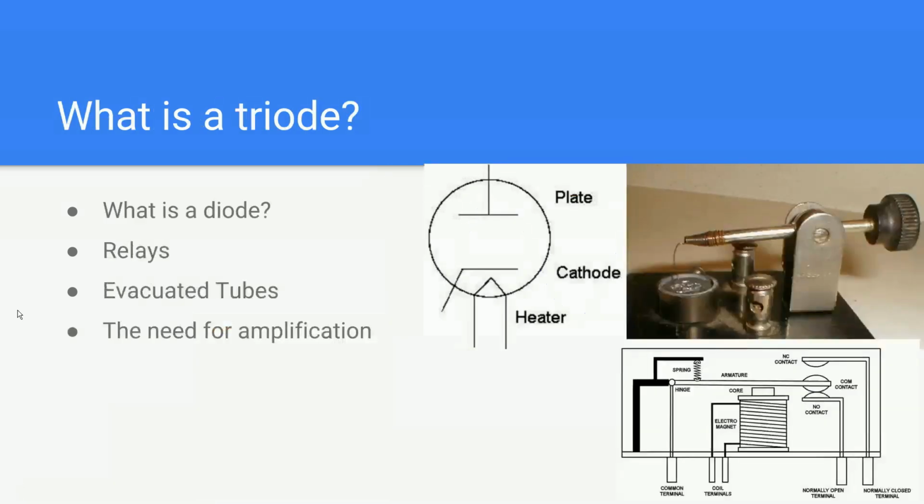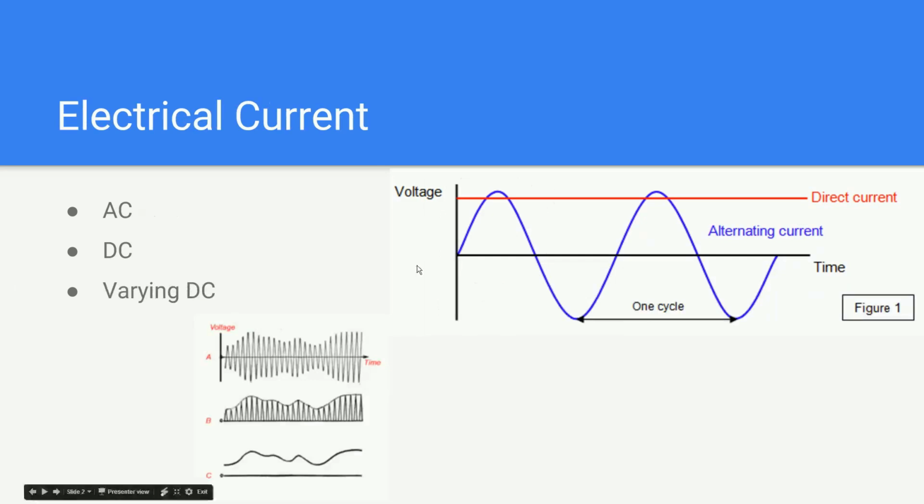So a triode basically evolved from a diode, and if you don't know what a diode is, it basically lets electrical current flow in only one direction. The advantage to this is that in, say, a radio receiver, where there's an oscillating current, the carrier wave, which is an AC current like 550 kilohertz, is a radio station.